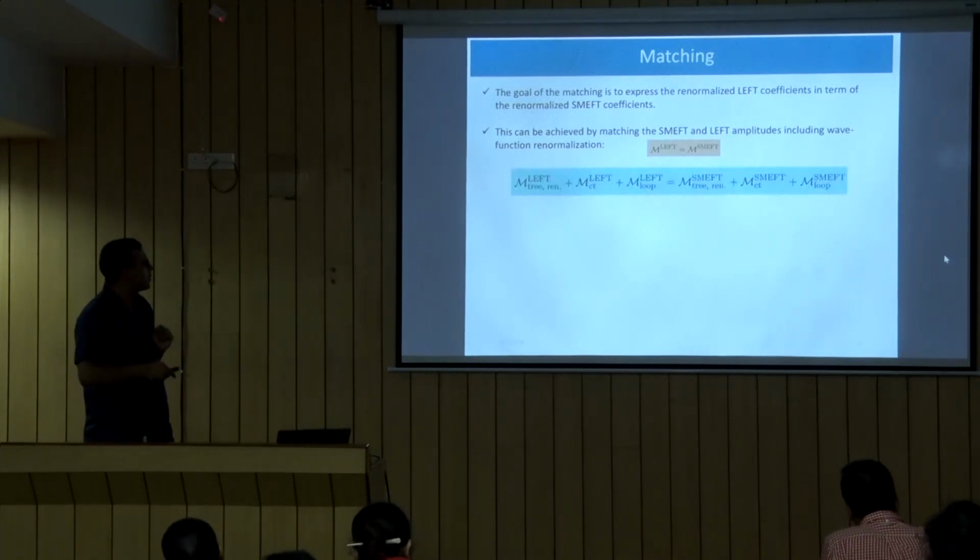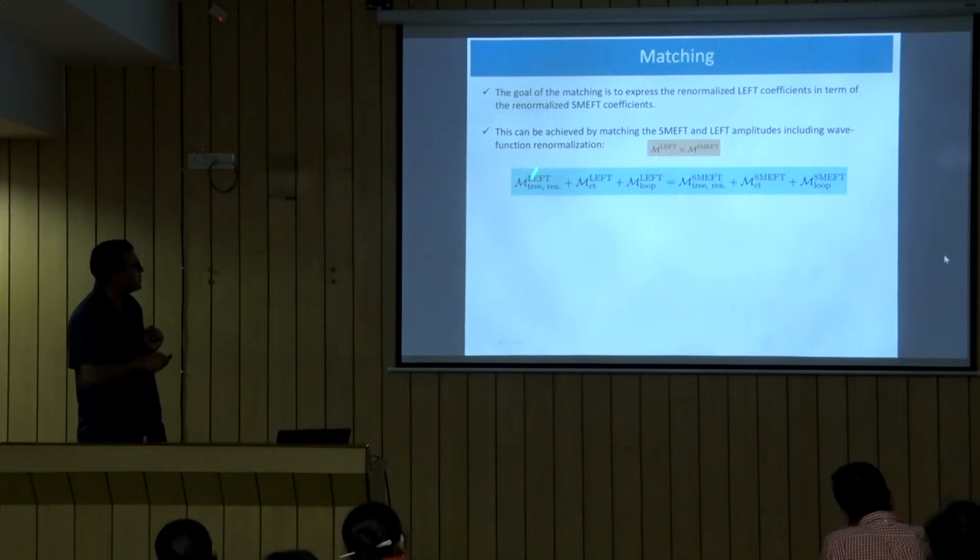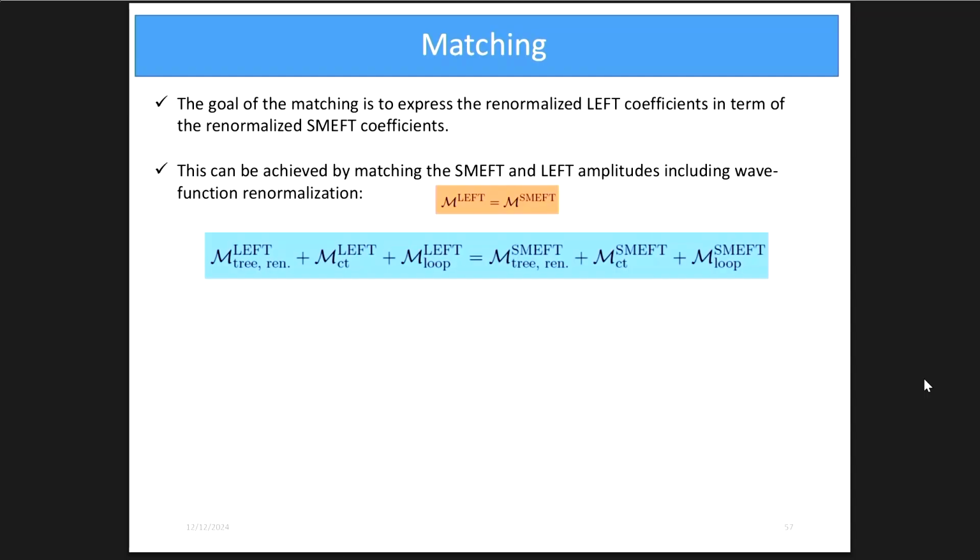This is what you can finally write down. You have three contributions, and then you add the counterterm that will partly cancel the divergences in your loop. Here also you have the SMEFT tree-level term and the counterterm, which partly cancel the divergence, and the leftover divergences are expected to cancel within the whole thing.